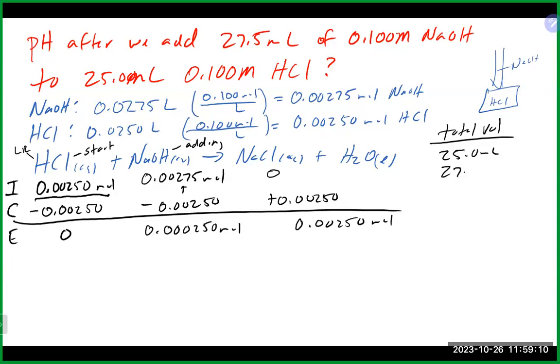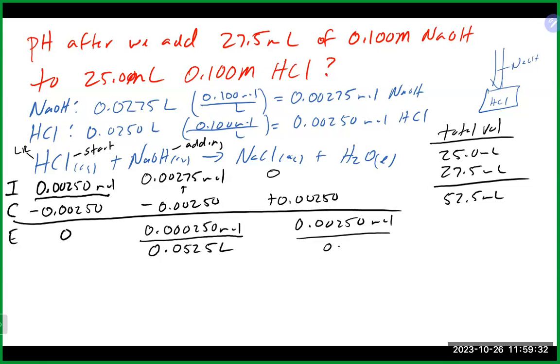We added 27.5 milliliters of our base, and that's going to get us a net of 52.5 milliliters as our total volume, which we want to convert to liters and divide everybody by. Divided by 1,000, or move the decimal place.